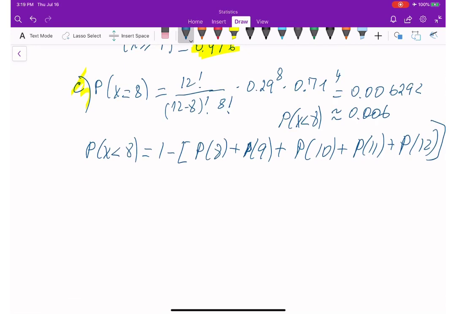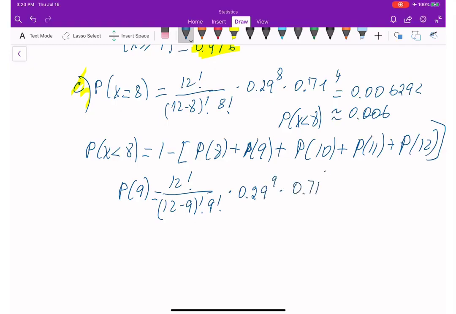Okay, probability for 9 is equal to 12 factorial over 12 minus 9 factorial, 9 factorial, and times 0.29 to the power 9 times 0.71 to the power 3. And the answer is 0.001142.